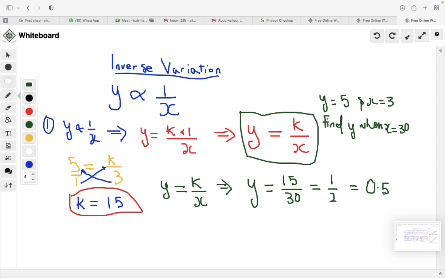Now let's take one more problem. I'm thinking of an inverse proportion for us to exploit.